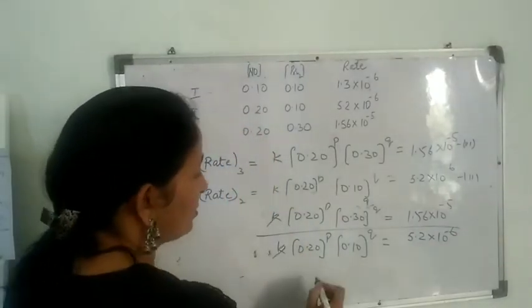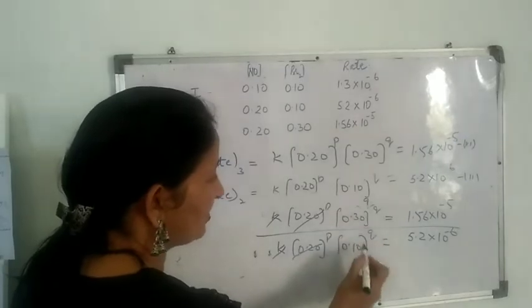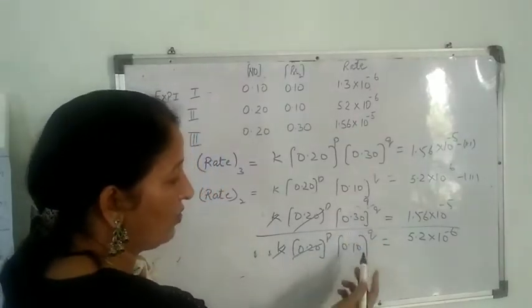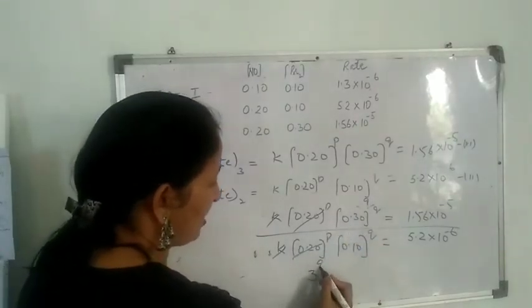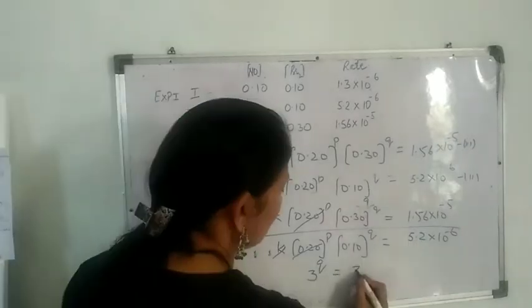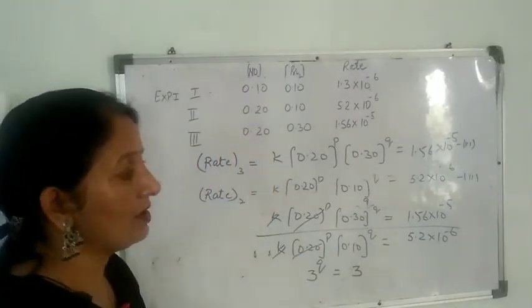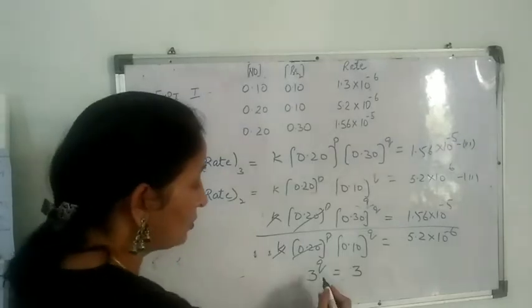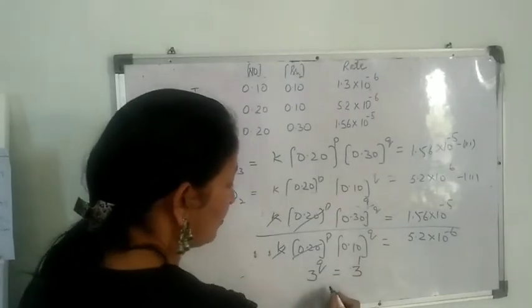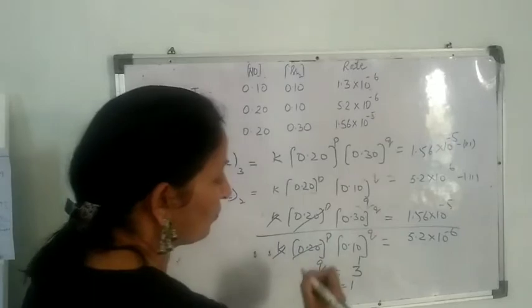This cancels out. What is left is 0.3 upon 0.1, which is 3 raised to power Q is equal to 3. 5 3s are 15. So 3 raised to power 1. So value of Q is equal to 1.